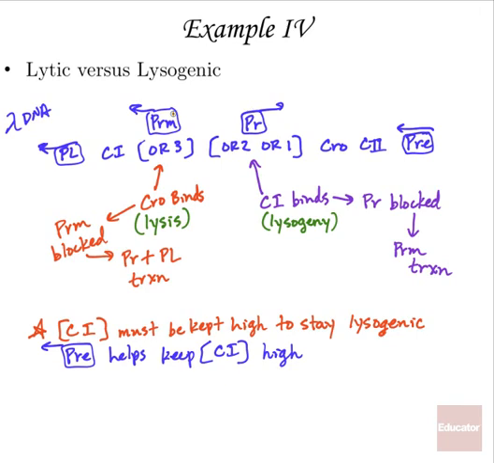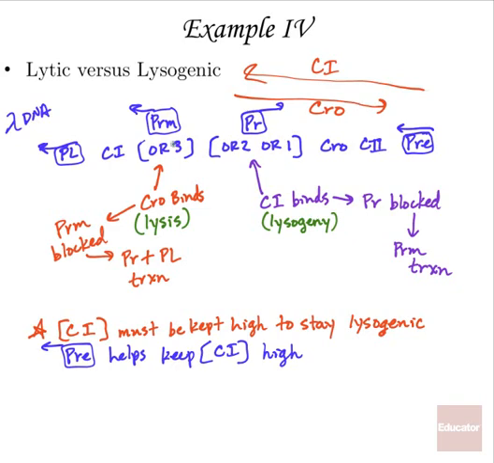If you don't have C1 being made very high, we have CRO being made. The leftward direction is producing C1. The rightward direction, the PR and PL, is making CRO. So if you're going rightward, we have a lot of CRO protein around.